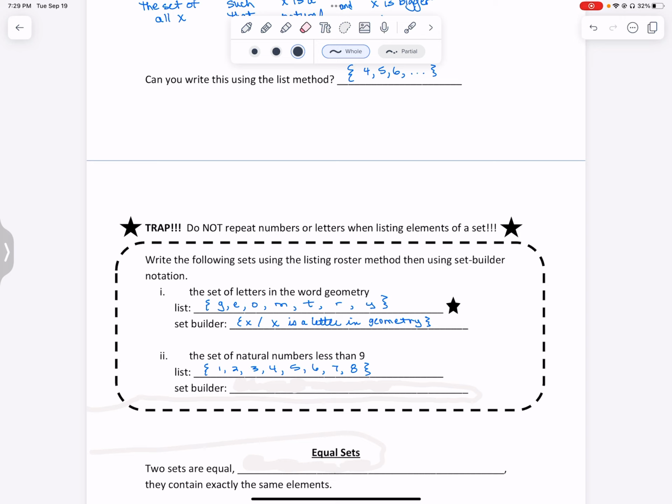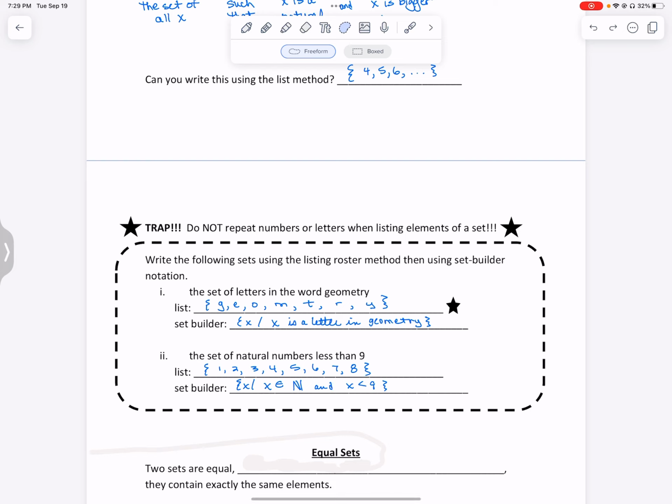So in set builder notation, you've got different ways you could say it, but they all would have this part: the set of all x, such that, and now we're going to have x is a natural number, so that's that part, and x is less than 9.